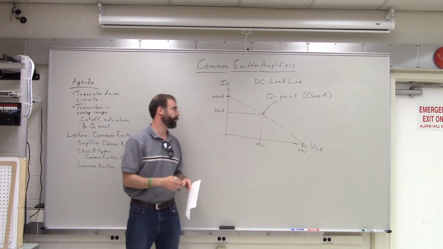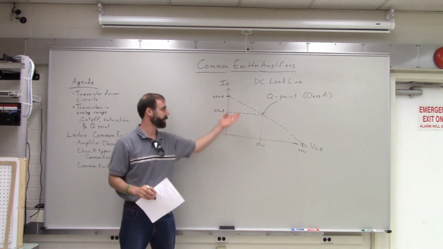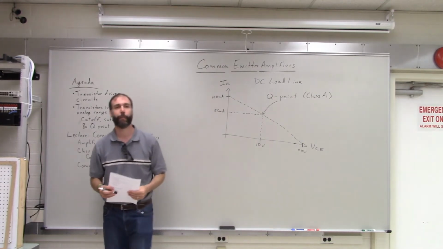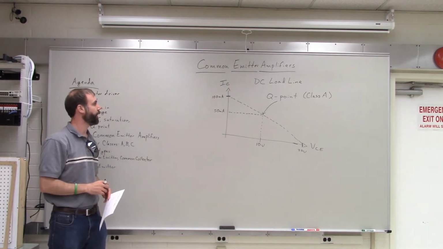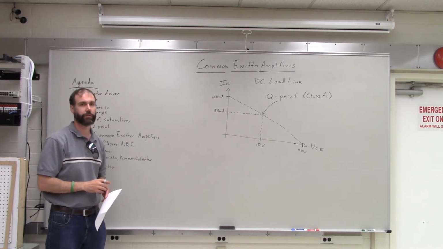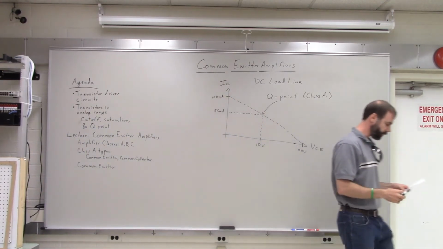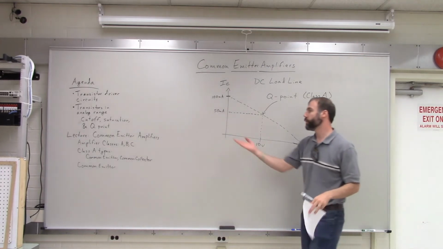We'll see that for some other types of amplifiers, the Q point can be in other places. But for Class A amplifiers, the Q point is right in the middle. Okay? So, any questions about that? All right. Cool. So then, let's go on to the lecture.